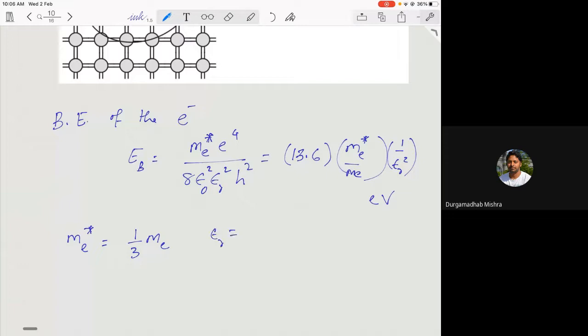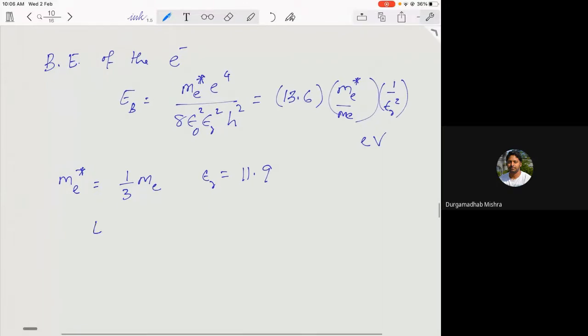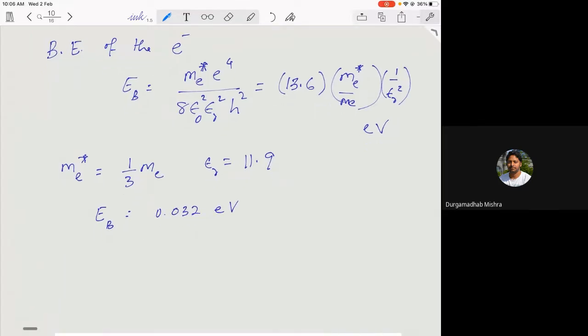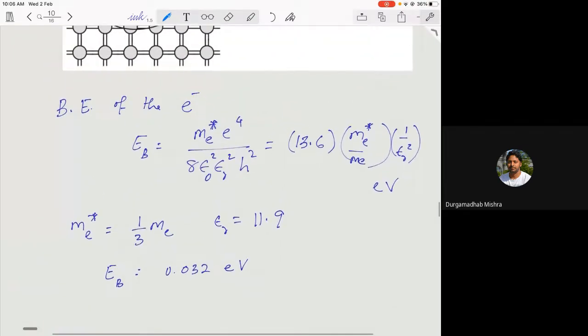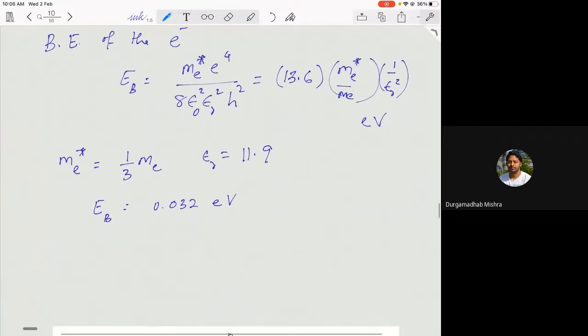Epsilon r of silicon is about 11.9. If you substitute that, you will get a value of 0.032 electron volt. So this is the binding energy of the electron when arsenic is doped in silicon.